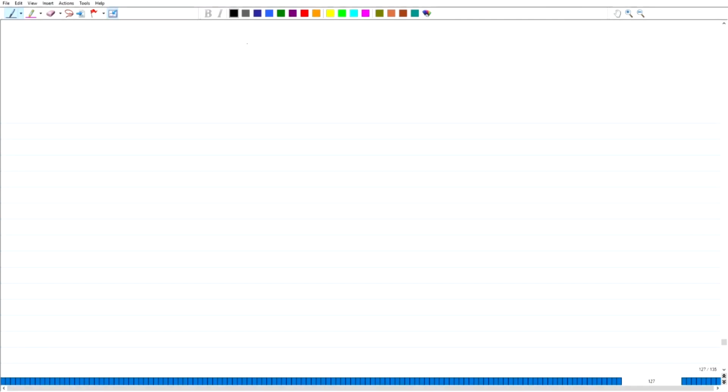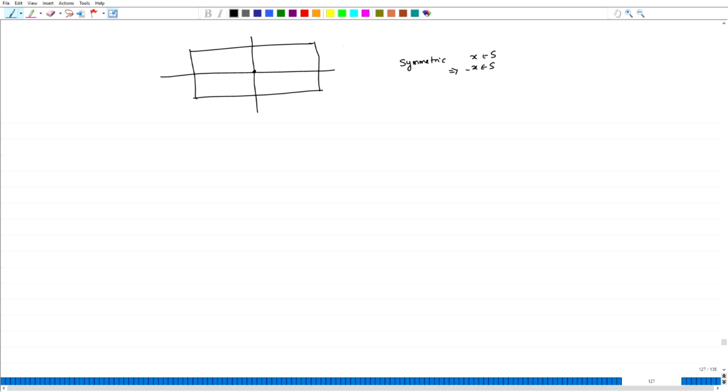Now if I take a symmetric rectangle, symmetric around 0, a set is symmetric if x belongs to S implies minus x belongs to S. If my S is a subset of R^n, it is called symmetric.